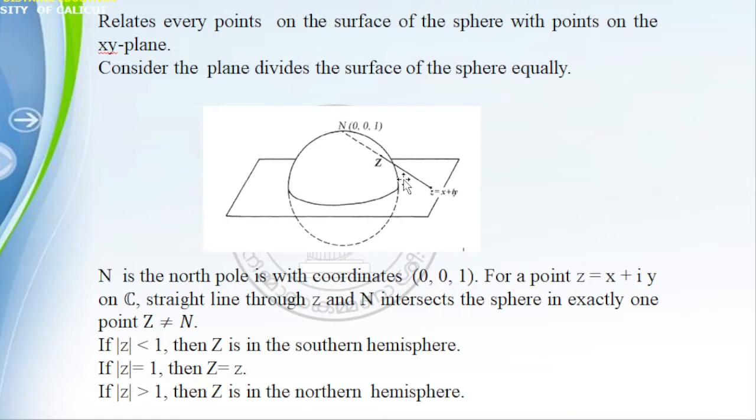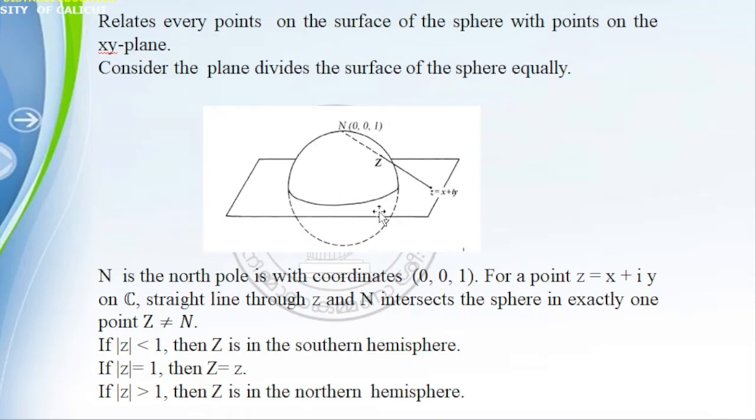If mod z is less than 1, then capital Z is in the southern hemisphere. If mod z is equal to 1, then capital Z is the point itself, equal to small z. There is no other mapping; it is that point itself.